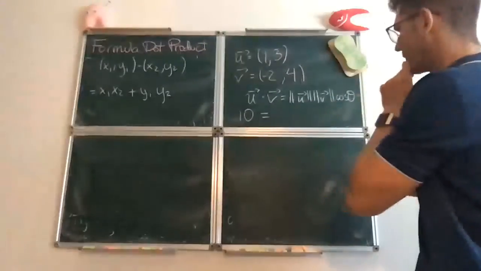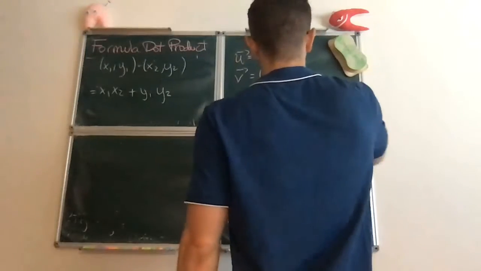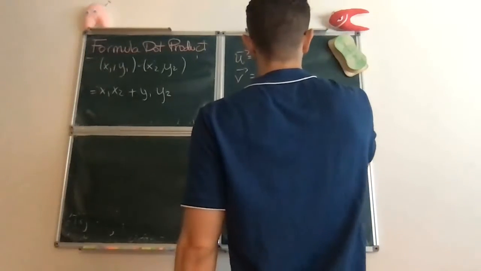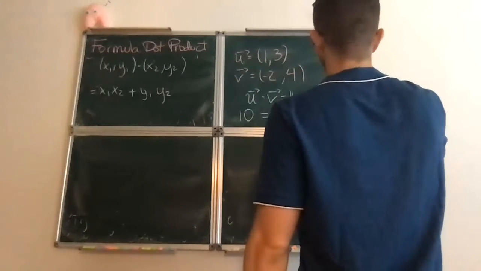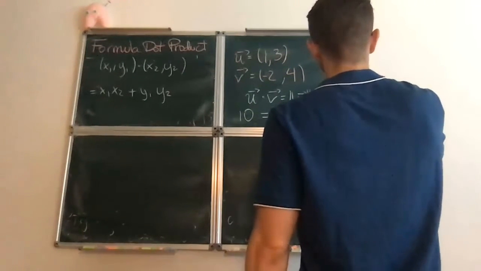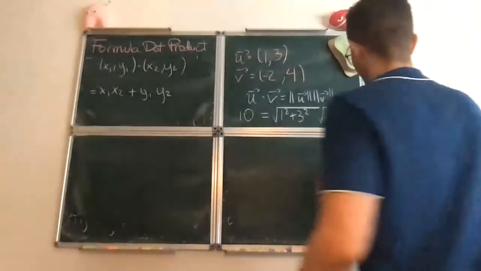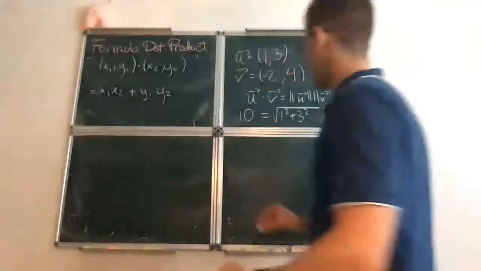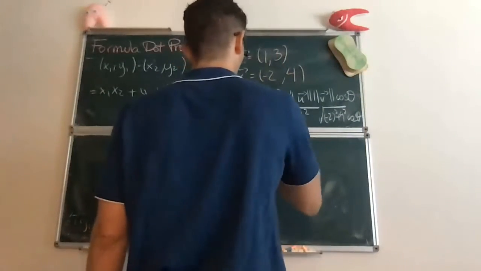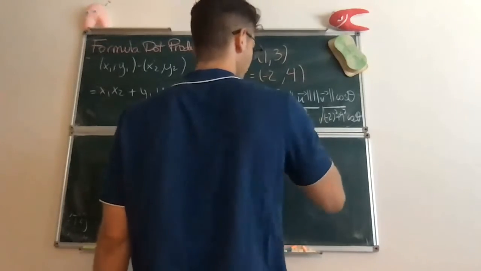Now the norm of u with the formula from Pythagoras theorem is just the root of 1 squared plus 3 squared. Norm of v is root of negative 2 squared plus 4 squared. And then you have cosine of theta. Okay? And so that tells you that 10 equals, 1 plus 9 is 10.